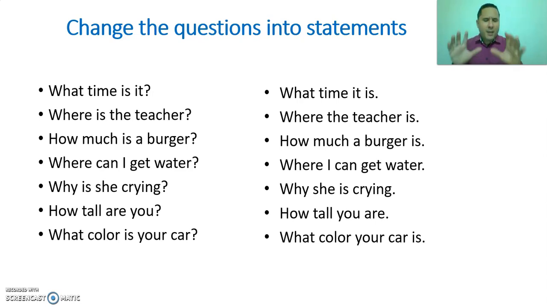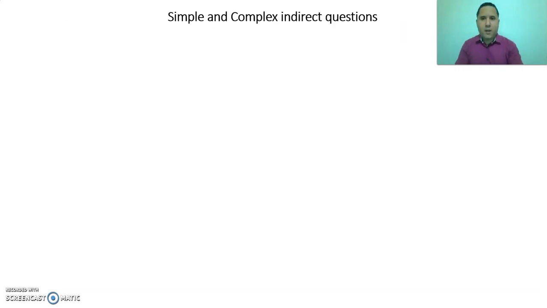So guys, if you understand how to prepare a question to become an indirect question, if you know how to do these changes, then you are ready to make indirect questions. We have, guys, simple indirect questions.